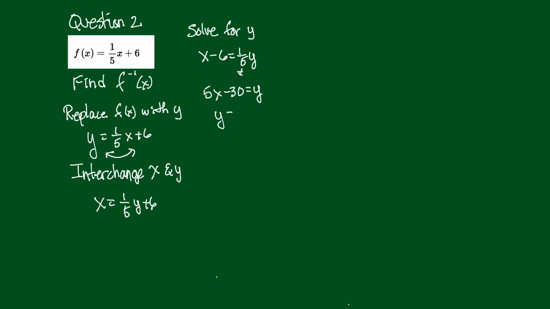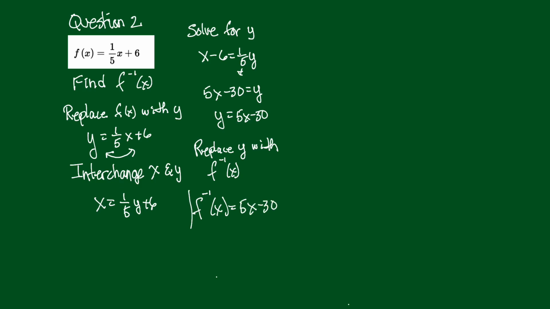So how about if I write it y equals 5x minus 30. And now one more step. Let's replace y with f inverse. So I'm going to write f inverse of x is equal to 5x minus 30.